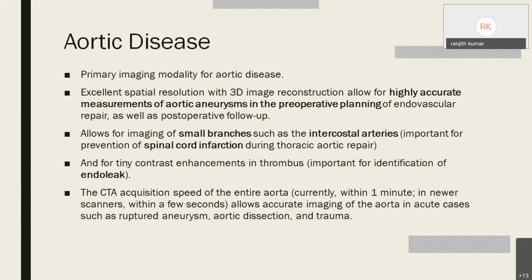Because of the advancements with 3D reconstruction, we are able to measure aortic aneurysms highly accurately before planning an endovascular repair. It also allows imaging of small branches like intercostal vessels, and helps in preoperative planning to prevent spinal cord ischemia or infarction when doing a thoracic aortic repair. And also we can identify the endoleak.